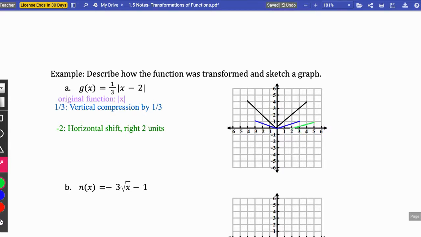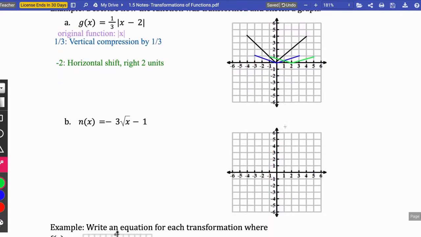Here, 1, 2, 3. So there we go. Basically, this black guy became the green guy, and the green guy is my final answer, because this figure has been compressed by 1/3 and shifted right 2 units.